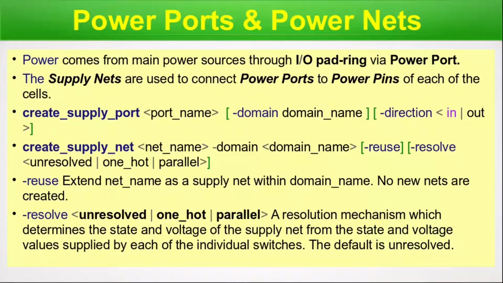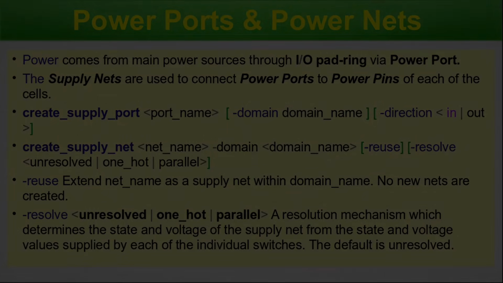So it is functioning like a multiplexer. Next is parallel. Parallel means there are multiple outputs connected to this supply net and it is supplying all of them together. That is parallel, which is in contrast to the one hot. Okay. So this is the meaning of the resolve switch. So here we have discussed the power port and the supply net, the supply port and the supply net, of similar meaning. So you're done with these slides.